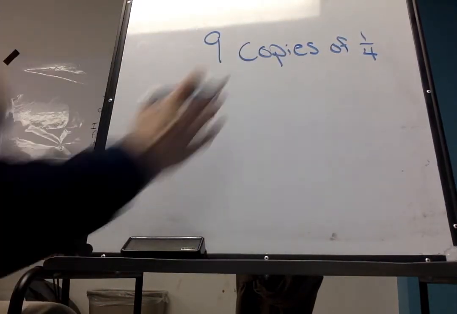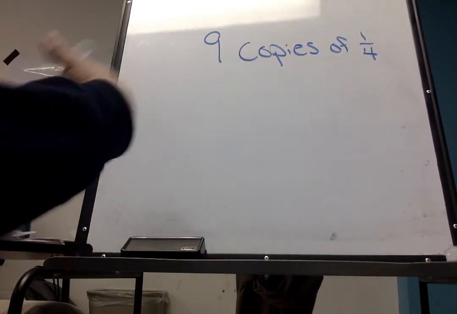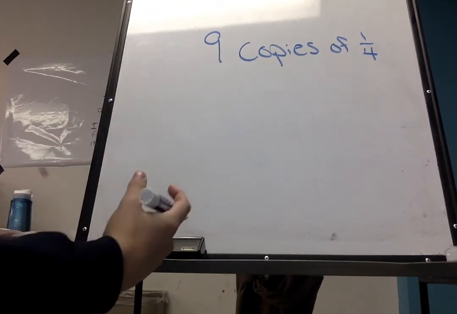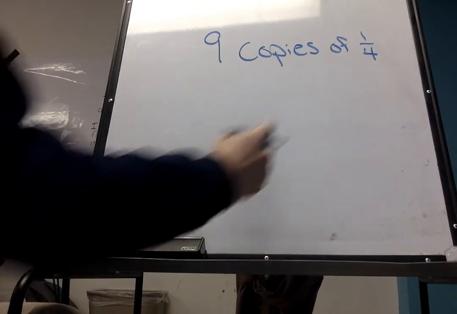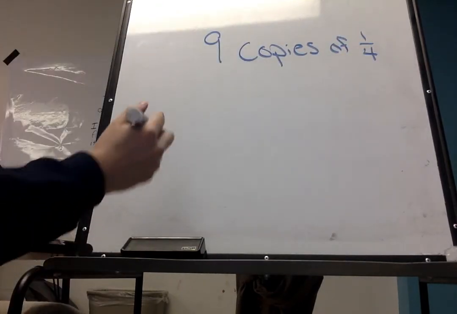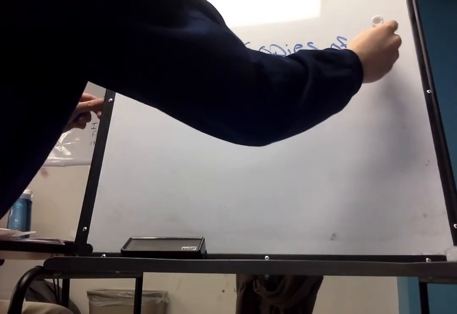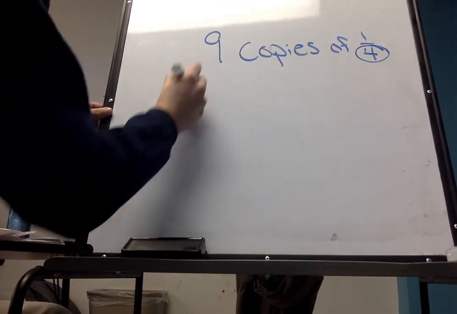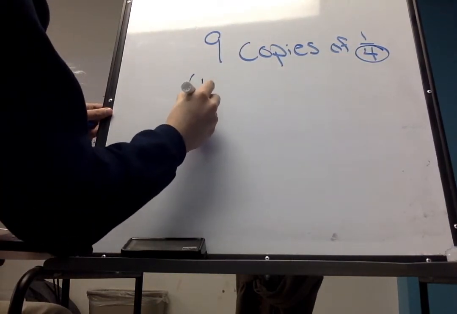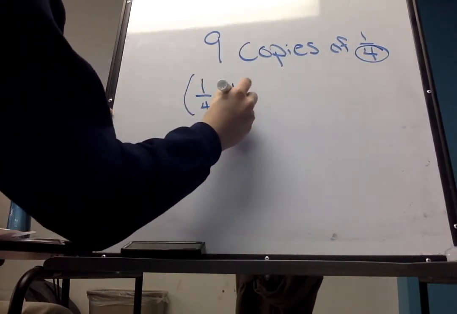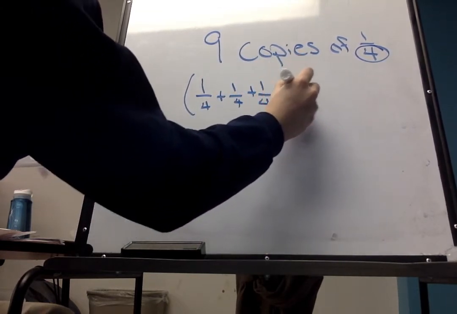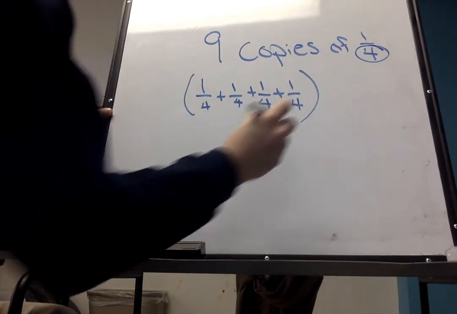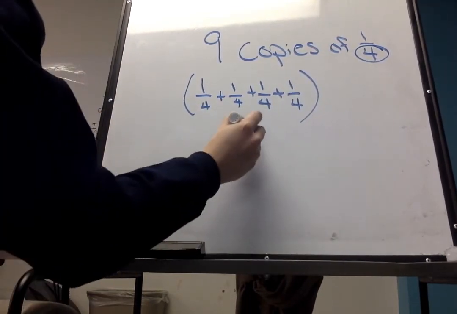If we're making 9 copies of 1/4, we're adding 1/4 9 times. So I would need to group 1/4 into groups of 4 because that's my denominator. 1/4 plus 1/4 plus 1/4 plus 1/4. That is equal to 1 whole.